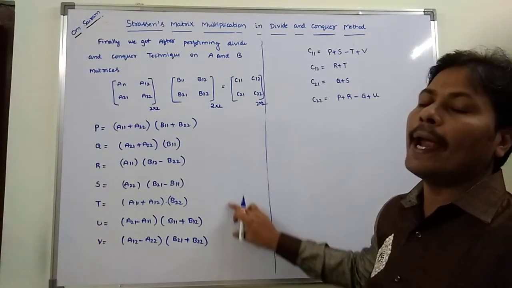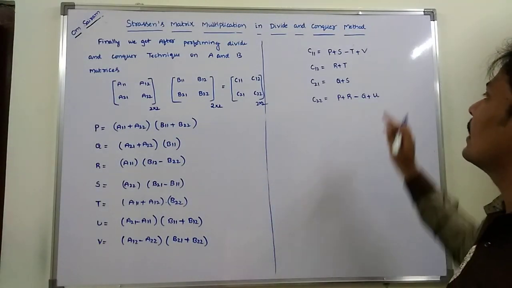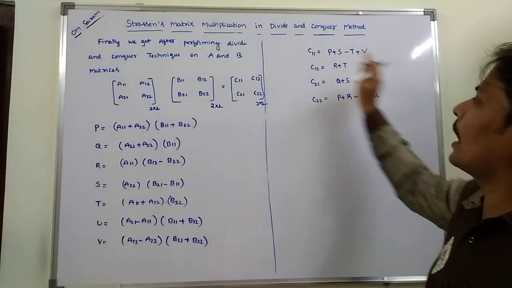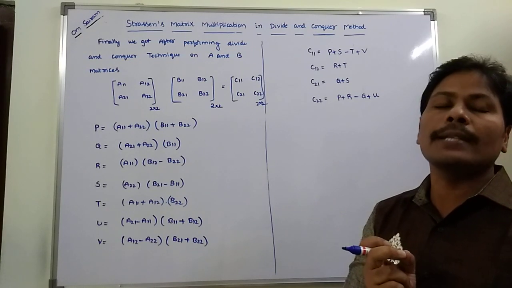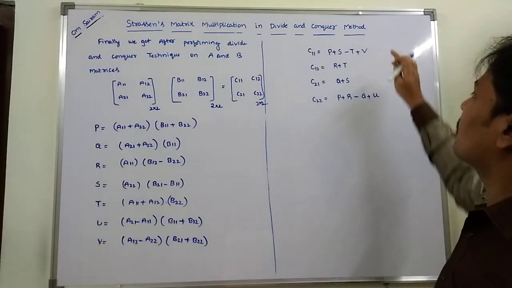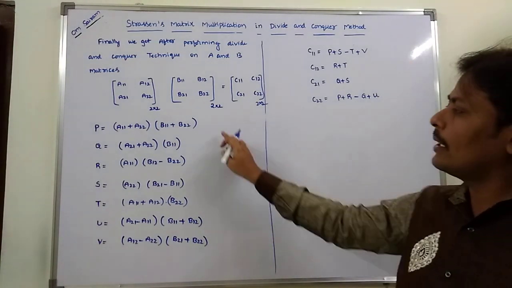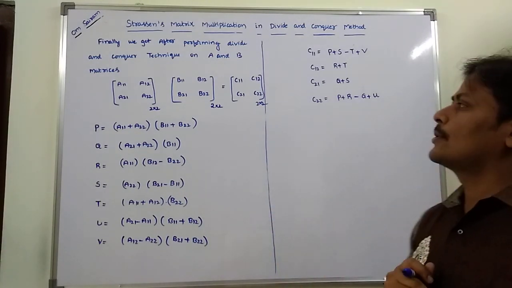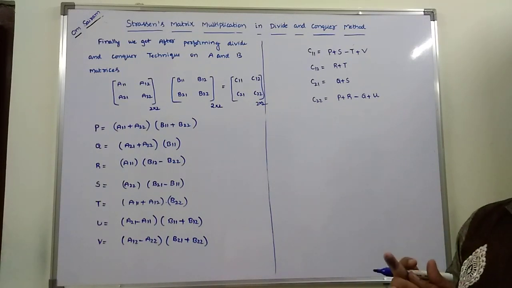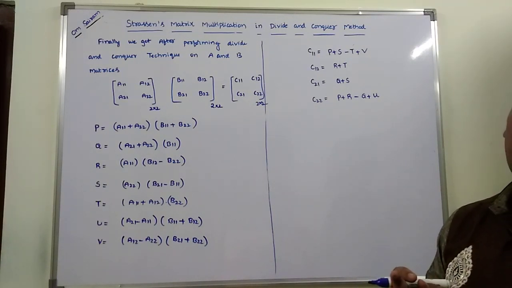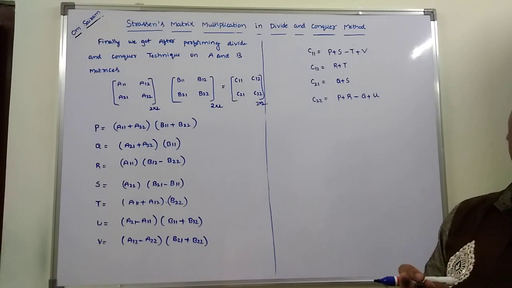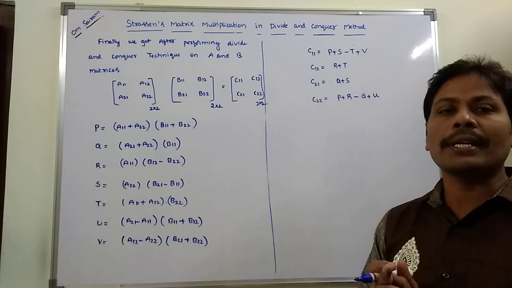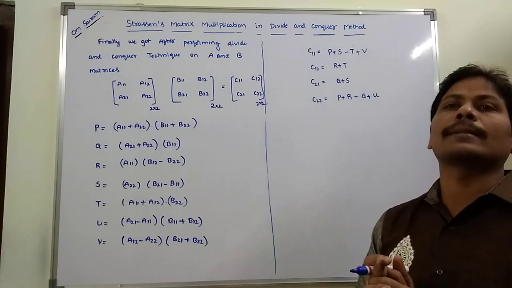So here 10 additions or subtractions are there, and here 8 additions or subtractions are there. In total there are 18 additions or subtractions. In this one there are no multiplications, and in this one there are only 7 multiplications. So by using Strassen's matrix multiplication, we require 7 multiplications and 18 additions or subtractions.